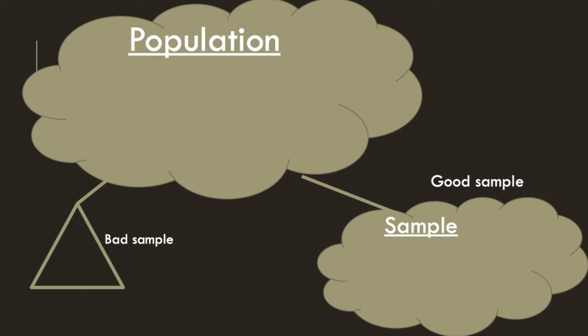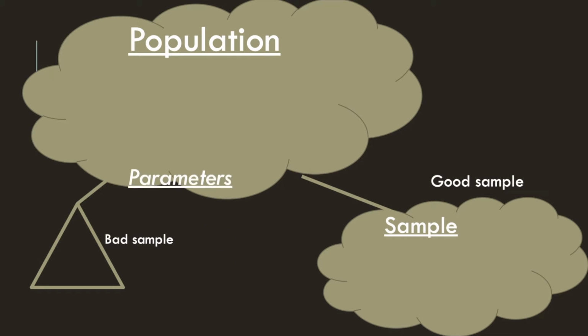So here's a little visual of what we're talking about. If your population is this large cloud here, that is the population from which I'm trying to sample. And hopefully, using some of the methods we learned in Chapter 4, we take a good sample. If we take a bad sample, then we won't have as good of estimation techniques.